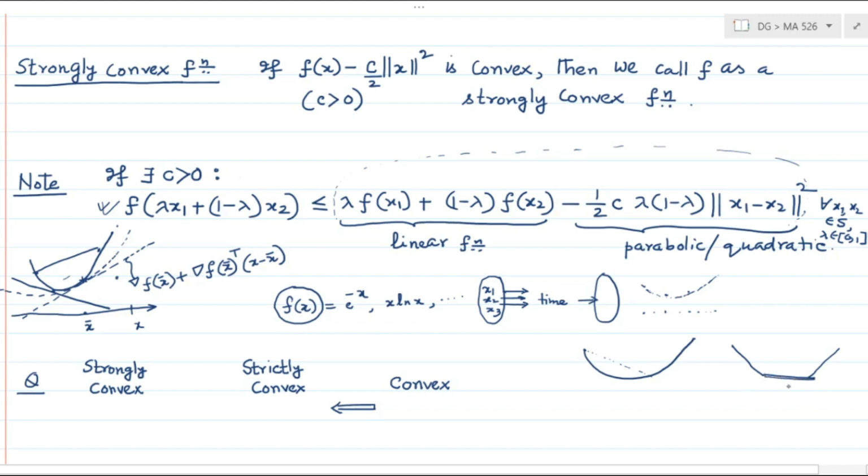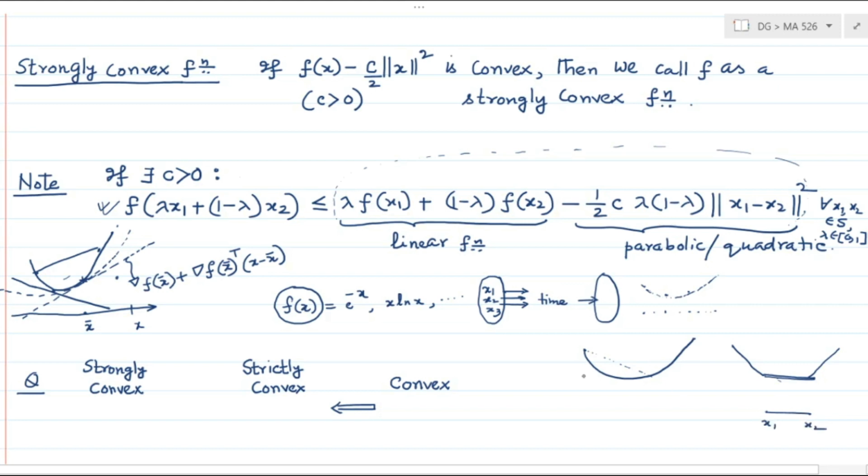It is not possible for a strictly convex function. And for a strongly convex function, at any point you must have a parabola, and therefore obviously you cannot have a constant value of the function in a given interval, or in a given region of the domain of the definition of the function. Fine.